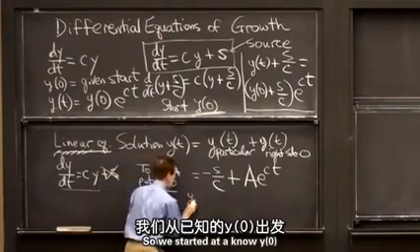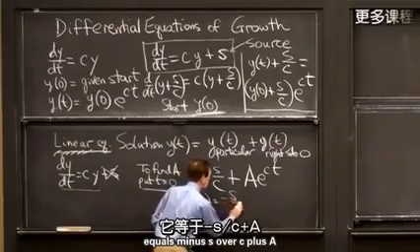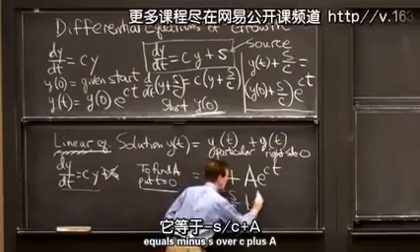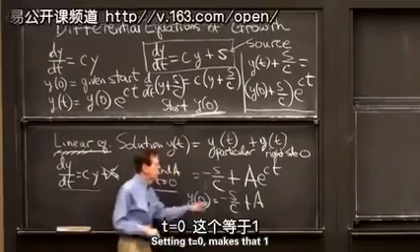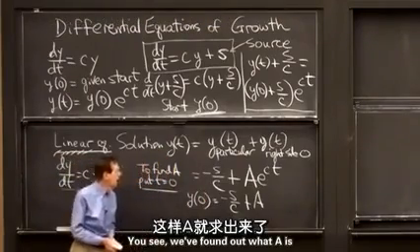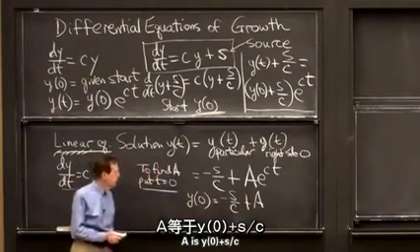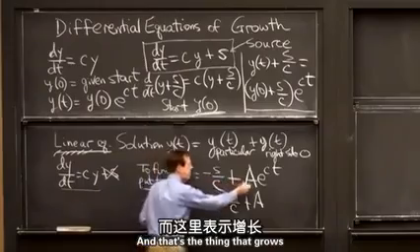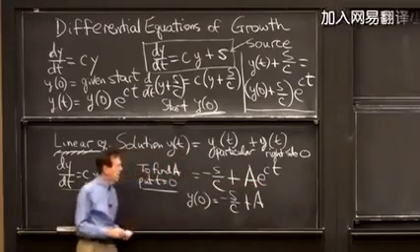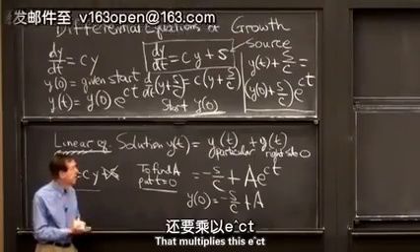We started at a known y of 0 equals minus s over c plus a. Setting t equals 0 makes the exponential 1. You see, we found out what a is. A is y of 0 plus s over c, and that's the thing that multiplies the e to the ct.